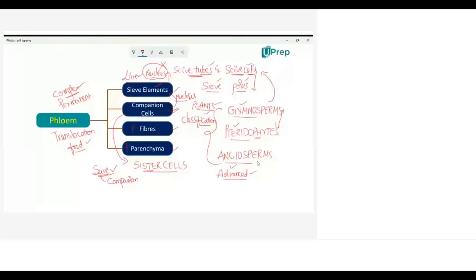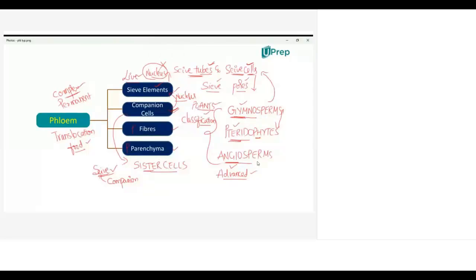You won't find companion cells in all plants. They're not universal. So why are they not universal? Because some plants possess simple characters, like the gymnosperms and pteridophytes. They will possess only simple tissues or simple cells like the sieve cells. Angiosperms are advanced plants which possess somewhat complex or advanced cells, for example sieve tubes, and companion cells are also observed in angiosperms.